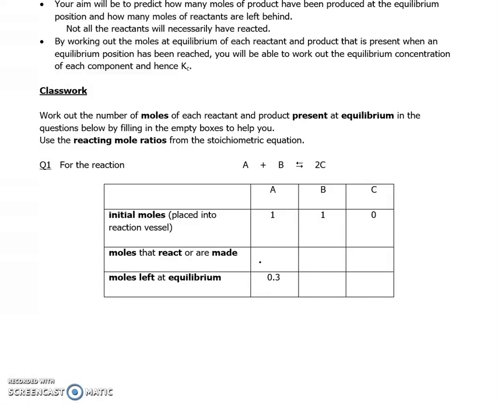Or subtract 0.3 away from 1, which gives you a number of 0.7.